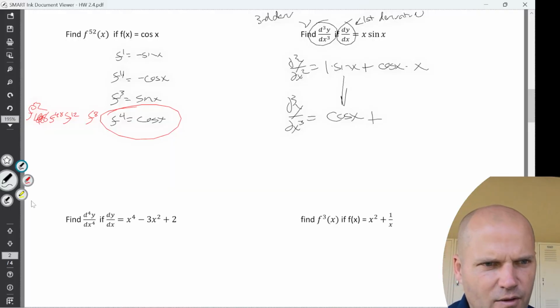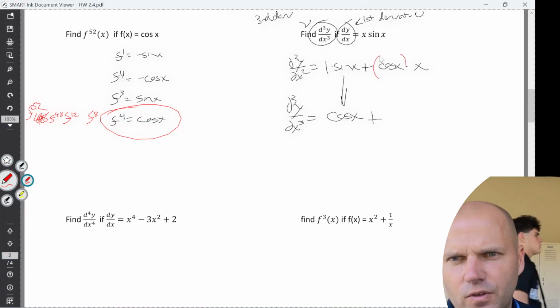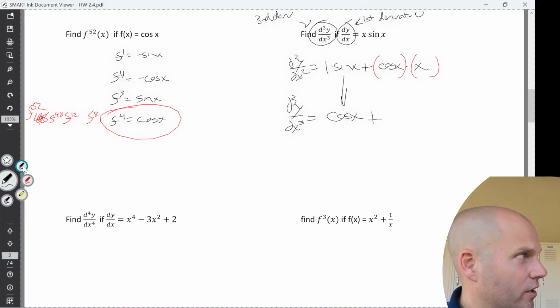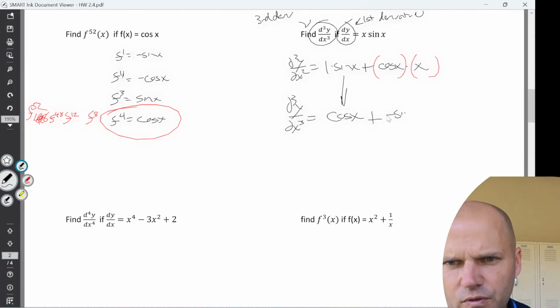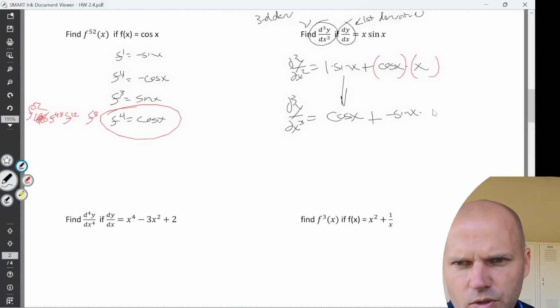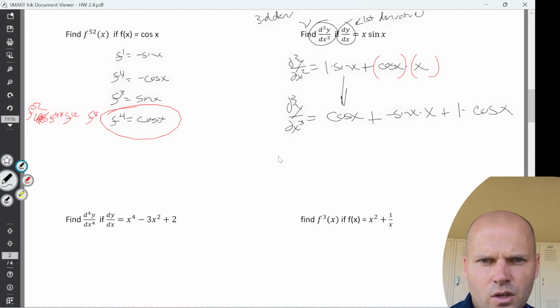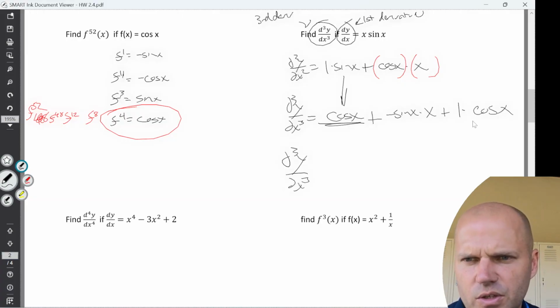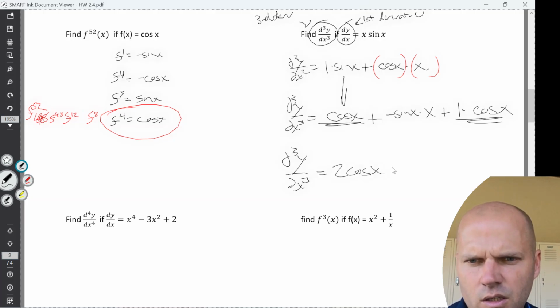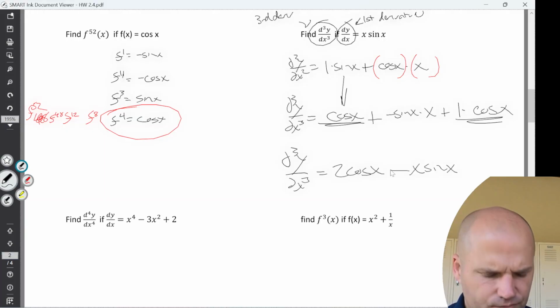But look at what happens when I have to take the slopes of cos x times x. I have to use the product rule. Slopes of cosine is the slopes of the first times the second, plus the slopes of the second times the first. What we realize is, and you can simplify, we have 2 cosine x's minus x sine x.